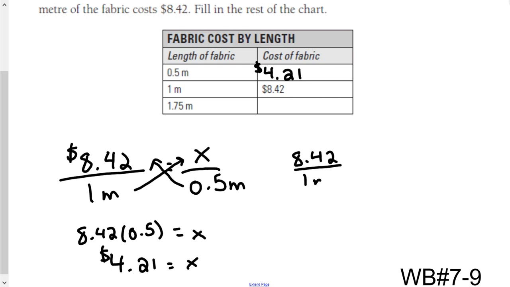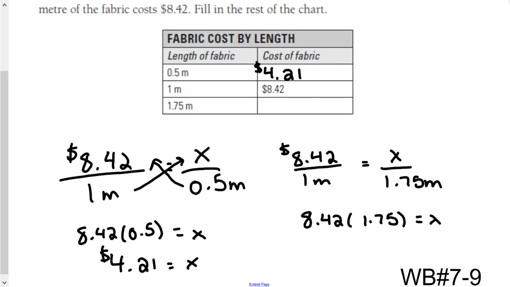The only thing that's different this time is that our half meter is now 1.75 meters. So same thing. And then when we plug this in, it is $14.74 is equal to x.